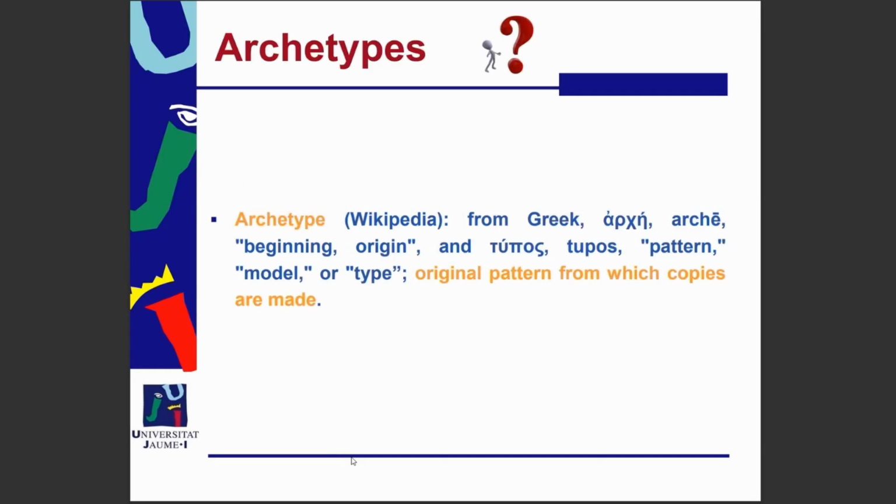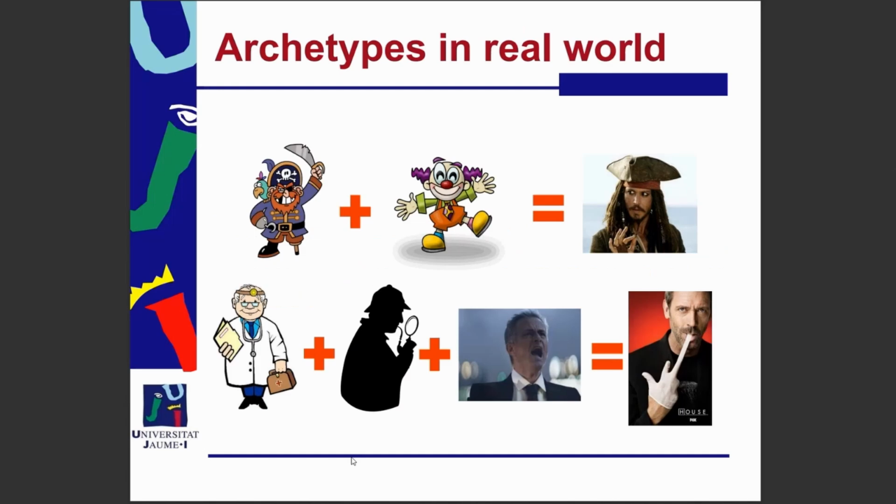First of all, what is an archetype? According to Wikipedia, it is an original pattern from which copies are made. In the real world, we can see some examples here. For example, here we have Dr. House, and we can think that Dr. House is a mixture of 20% doctor, 30% detective, and 50% short temper, mala leche in Spanish.